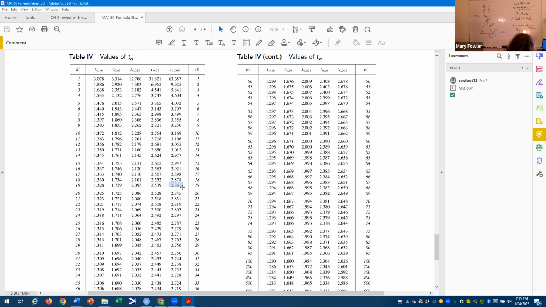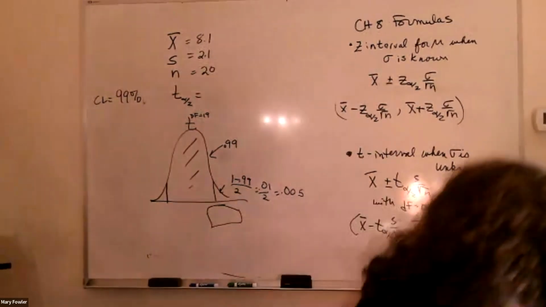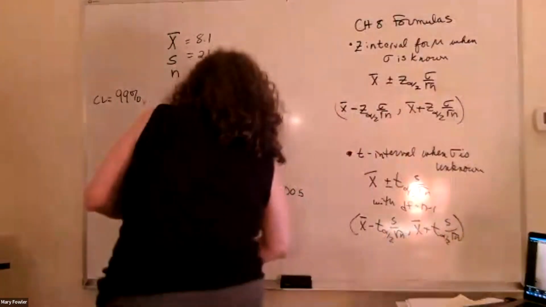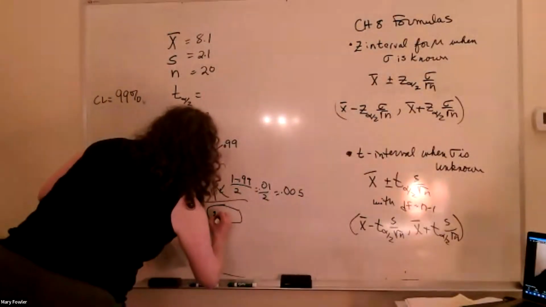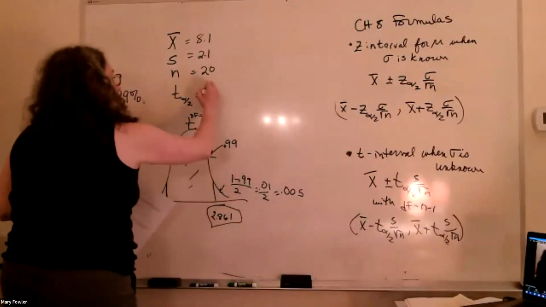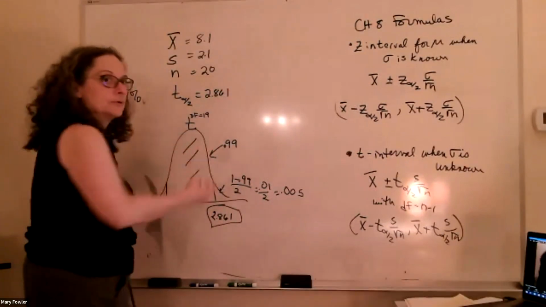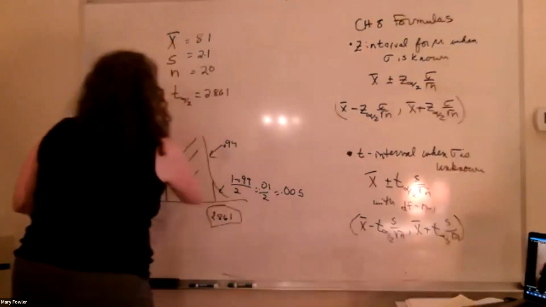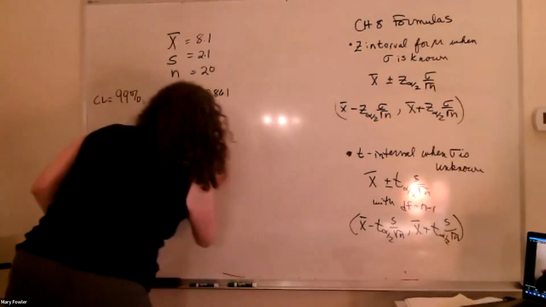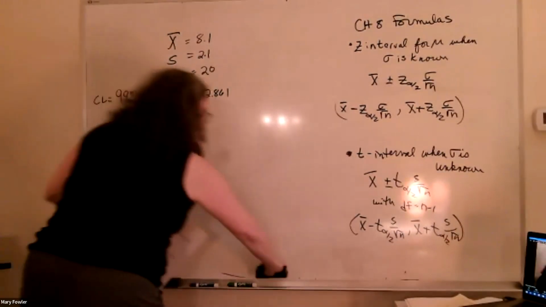And this should be our value, 2.861. Okay, so the t sub alpha over 2 is 2.861. Great.